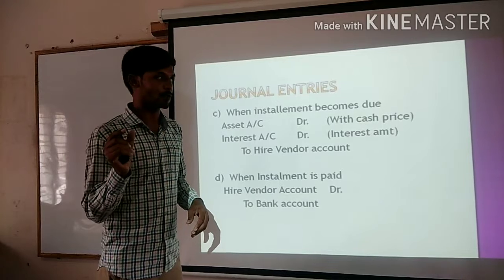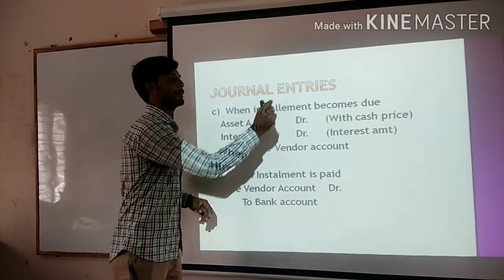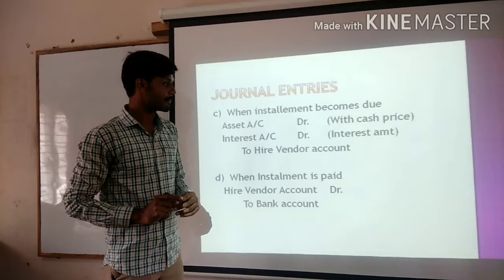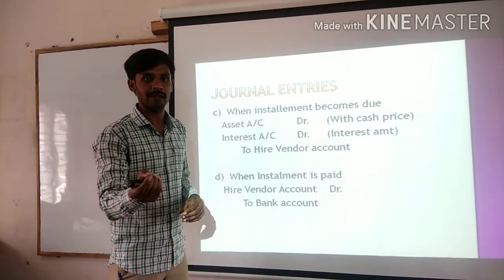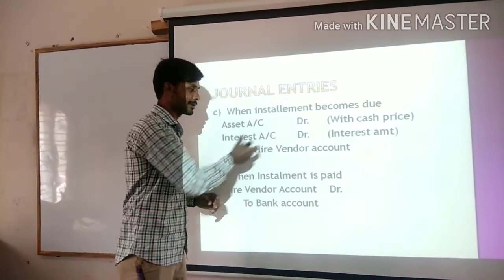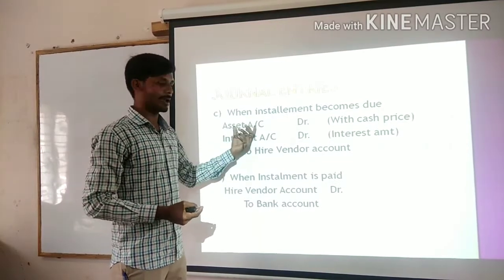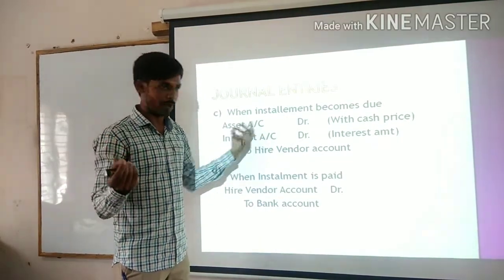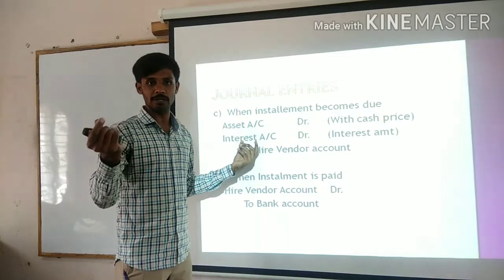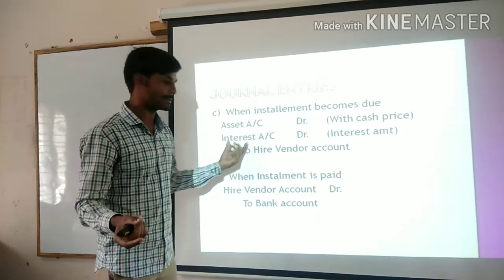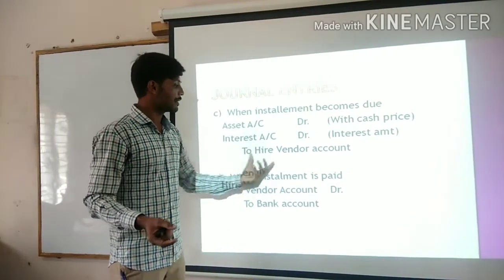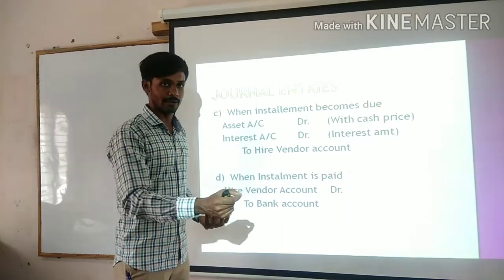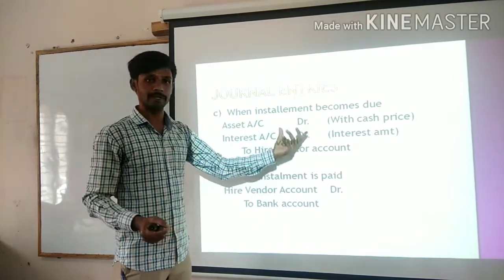The principal amount refers to the amount we are paying towards the price of the asset. The interest amount is like a hire charge which we are paying as interest. Asset, again real nature of account, debit what comes in. Interest, nominal nature of account, debit all expenses and losses. It is an expense for the hire purchaser. Hire vendor is the giver. Likewise, we pass this entry.